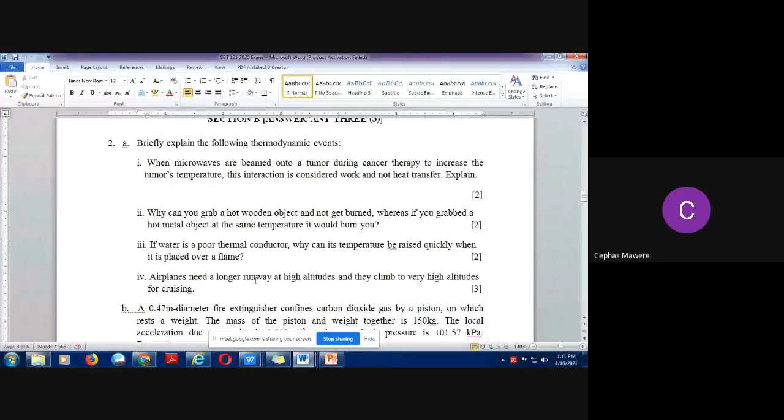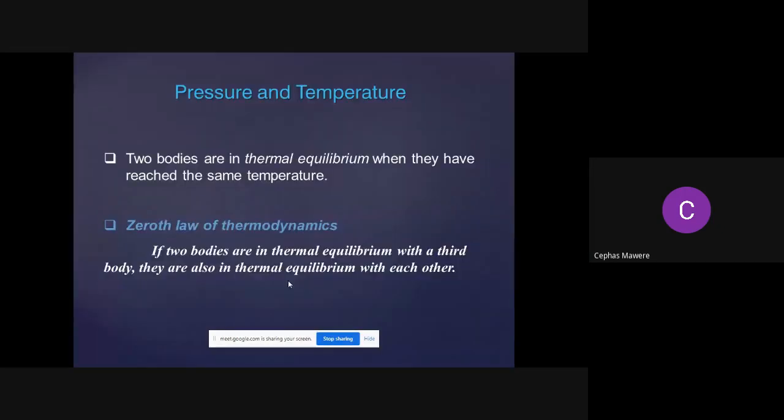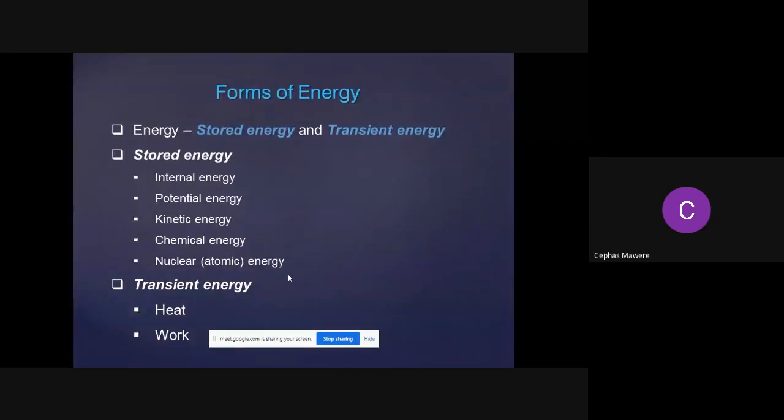All right. Moving forward. We are going to look at different forms of energy. We are going to look at stored energy and transient energy. We are going to look at internal energy calculations.